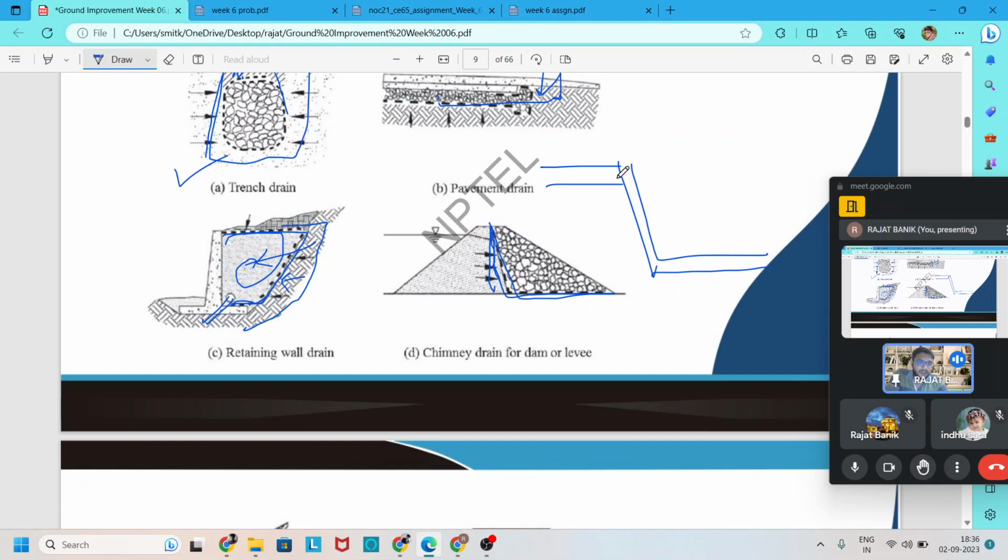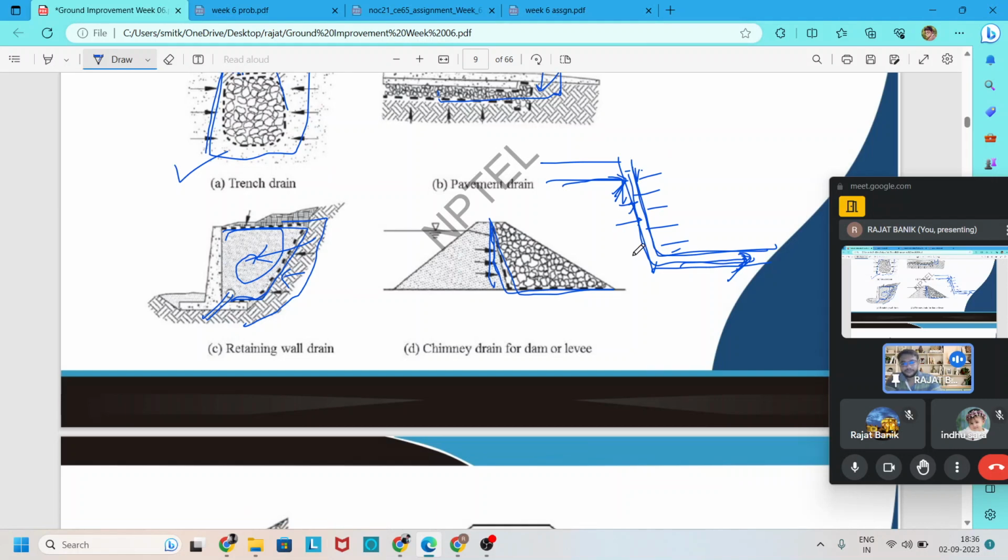If water enters, this surface is an impermeable surface, but the first surface is permeable. So water can get in, and in this way it is expelled from this arrangement and saves the structure.